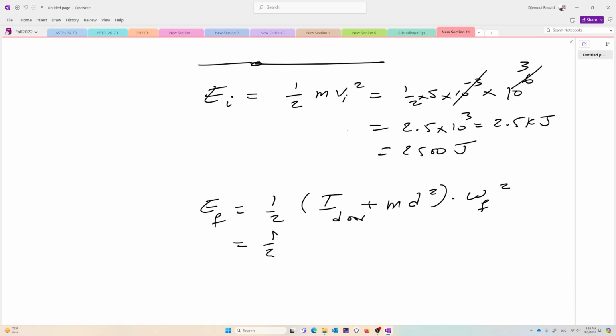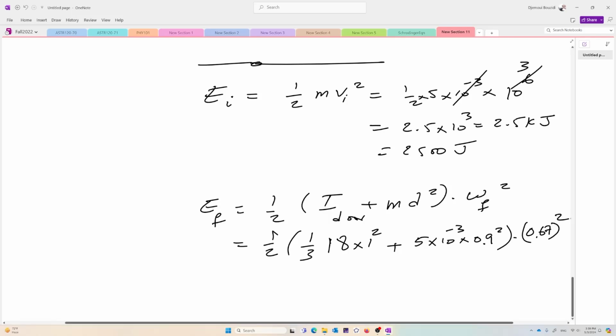So first of all, we have 1/2 times 1/3 of the mass of the door, which is 18, times its length squared, which is 1 meter squared, plus the mass of the bullet, which is 5 times 10 to the negative 3, times 0.9 squared. The whole thing times this number, I'm going to approximate it to 0.67.